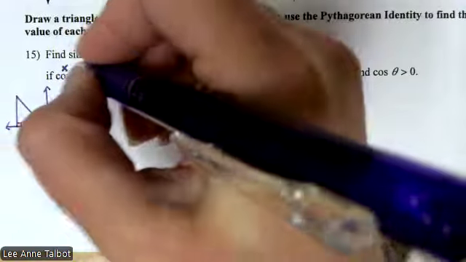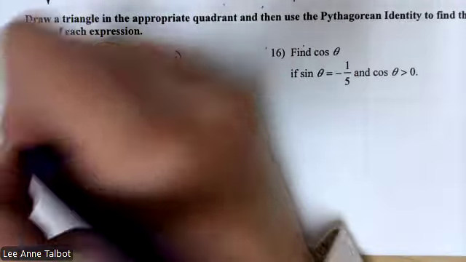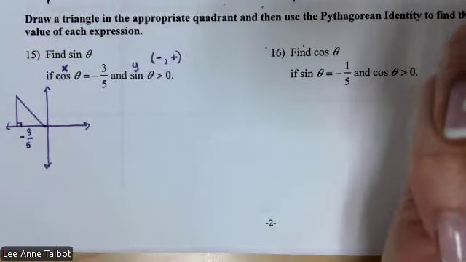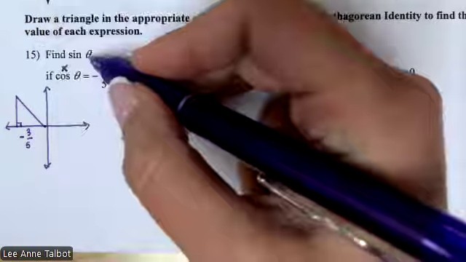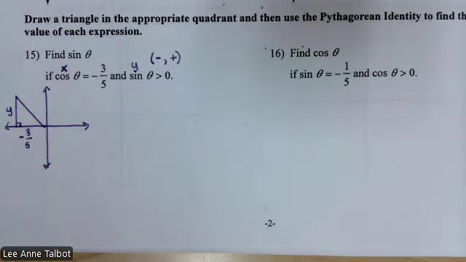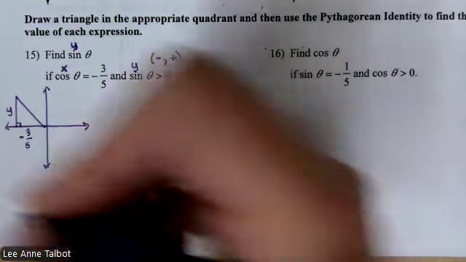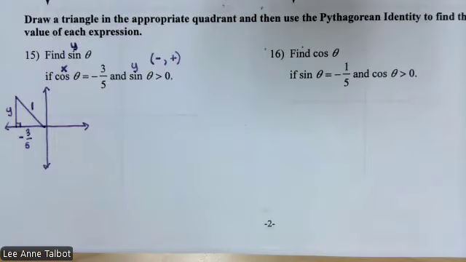Okay, now this says cosine x is negative 3/5, so that's going to go on the x. And sine is what we're solving for, so that's going to go on the y. I'm going to put a y there, and you can put a y here. It's saying find the sine, which is y, and then put a 1 on the hypotenuse.